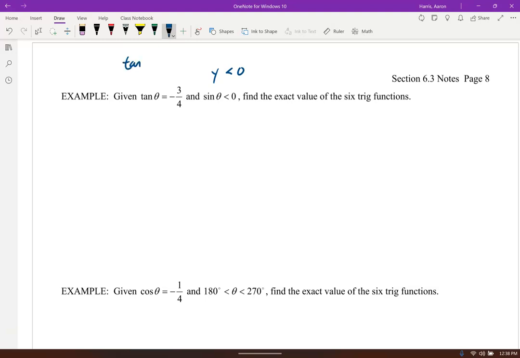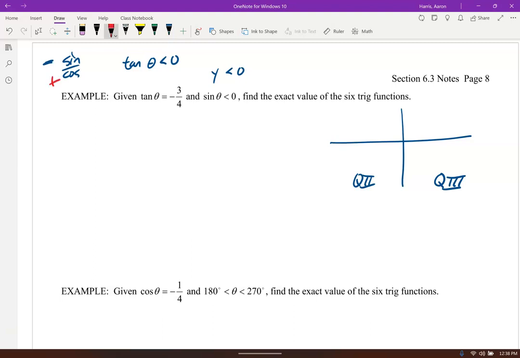If the tangent is negative, that means sine over cosine is negative. I already know my sine is negative. Well, if the tangent's negative, that means the cosine's got to be positive.